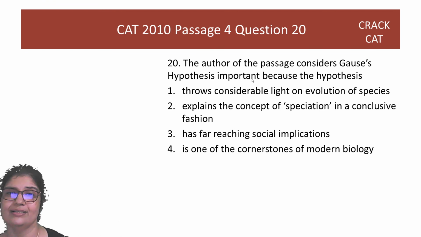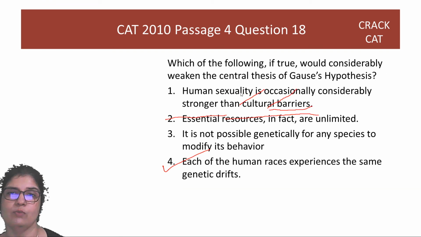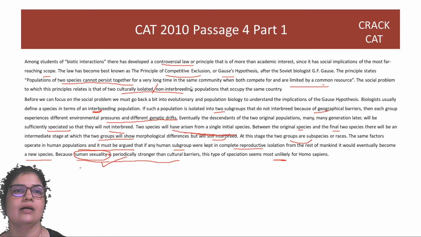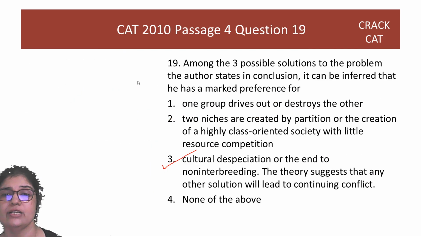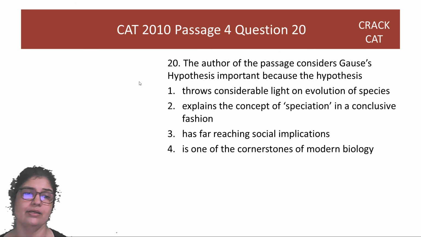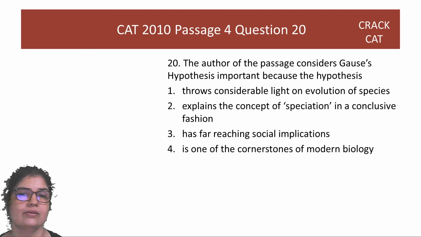20. The author considers important because. So why is it important? So if you see, a controversial, that is, since it has social applications of the most far-reaching scope because of the social implications. So coming back here, your answer clearly is far-reaching social implications.